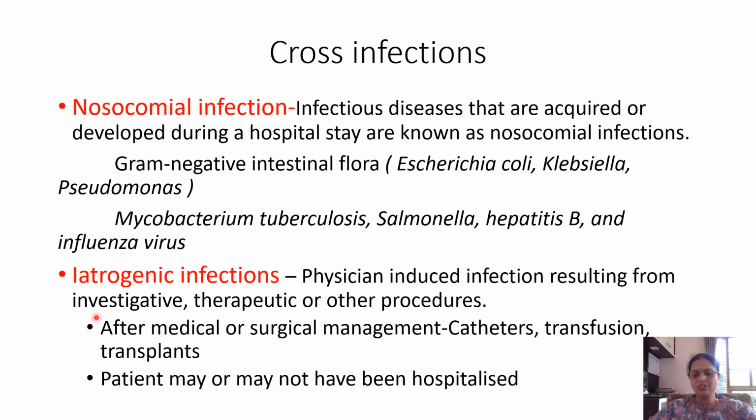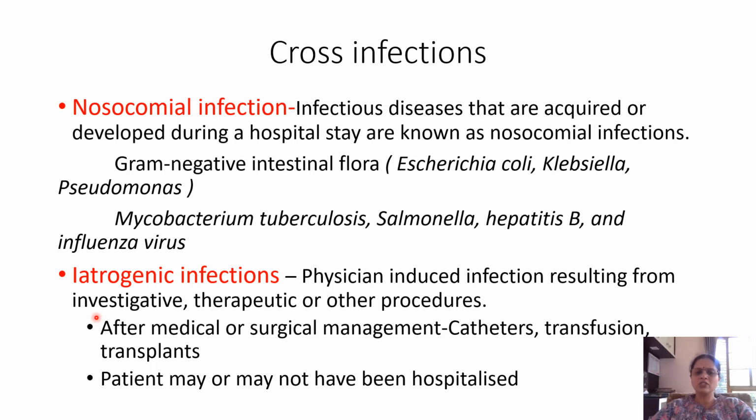Sometimes physicians keep seeing patients. Usually after one patient, before seeing another patient they will do all sanitizing procedures, but sometimes if the patient number is more, sometimes negligence in the physician hands, the infection can go from one patient to another patient. So in such cases we call that as iatrogenic infections.